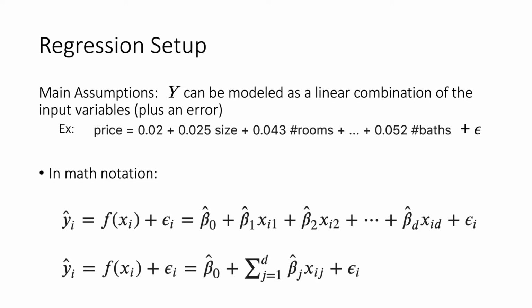And in a more compressed notation, we can use sums, right, to have the same thing. So take a look at these equations and make sure you really understand them very well. At the beginning they might look complex, but it's the same thing, just from a more general perspective.